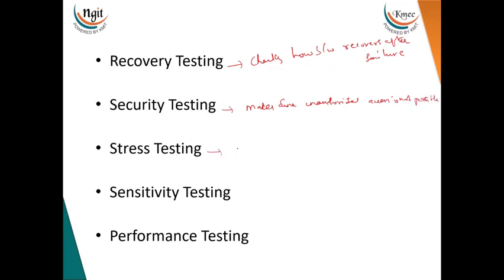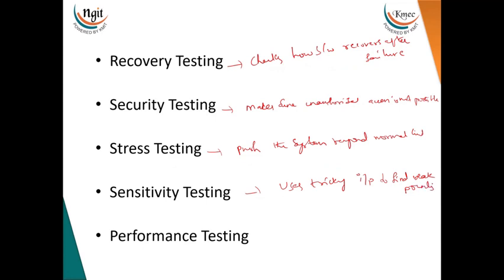Stress testing pushes the system beyond the normal limit. Sensitivity testing uses tricky inputs to find weak points. Performance testing tests how fast and efficient the software runs under load.